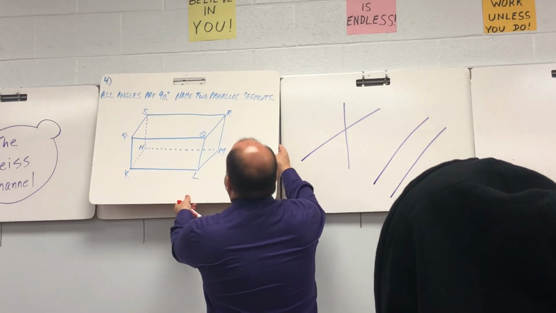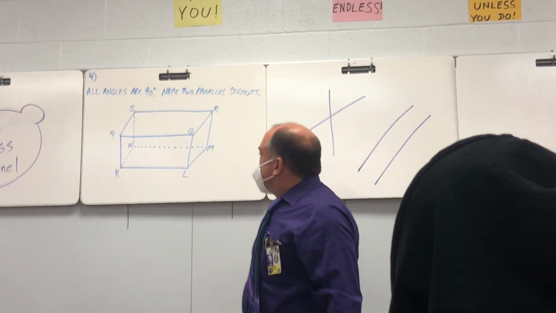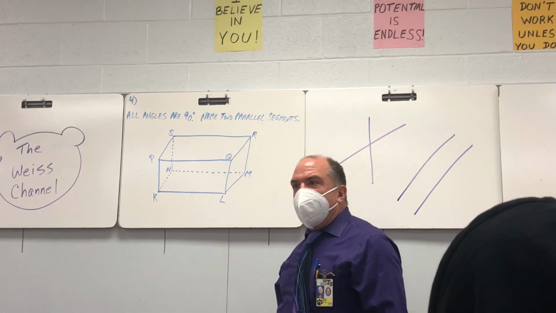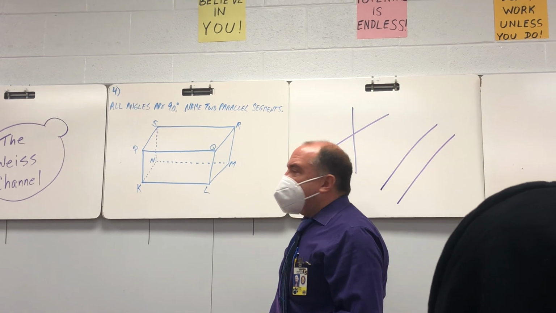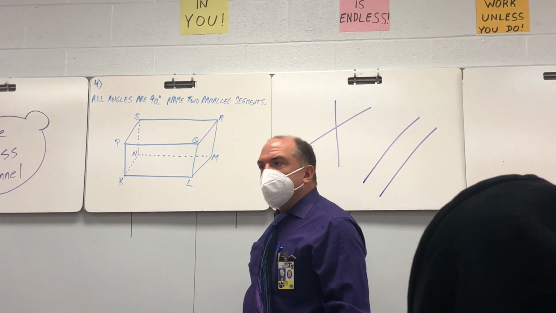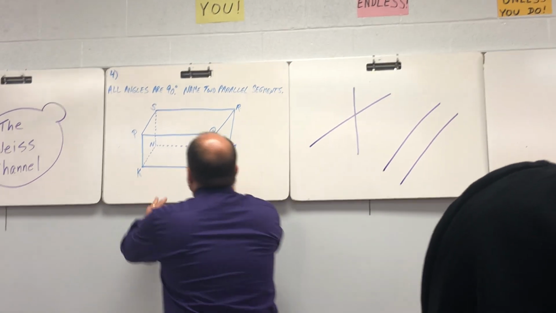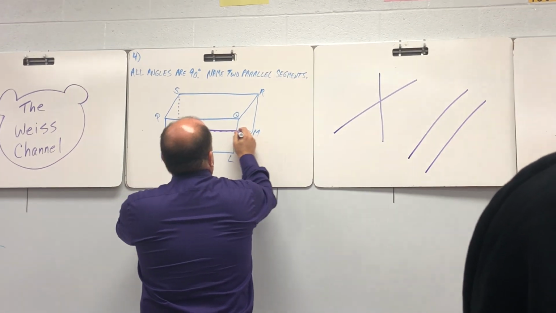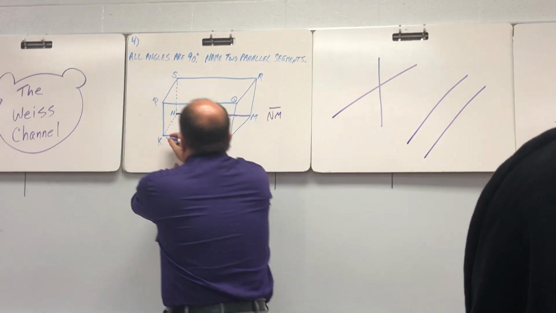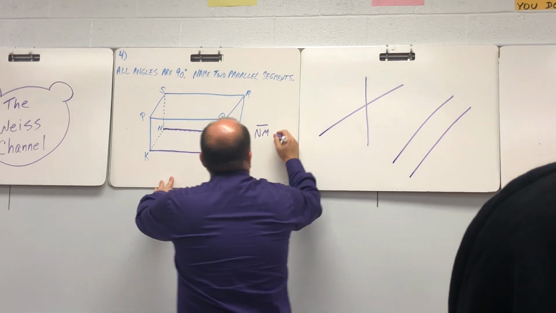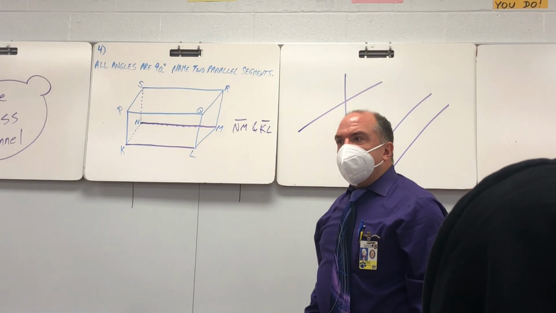Name 2 parallel segments. I didn't draw a perfect picture here, but there are a lot of them. Go ahead. NM. So Christian says NM with KL. Perfect. Those are two parallel segments.